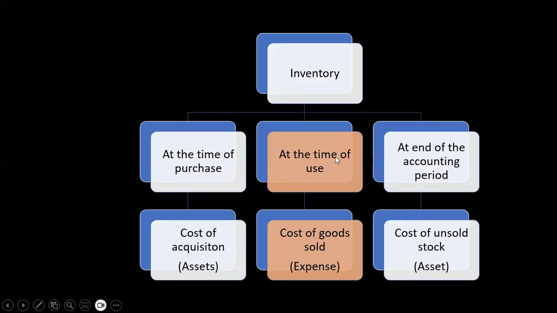Now let us see the time of use. When inventory is purchased, it appears on the balance sheet as an asset. When inventory is sold, it becomes the cost of goods sold. It becomes an expense and is shown in the income statement because of the matching principle.